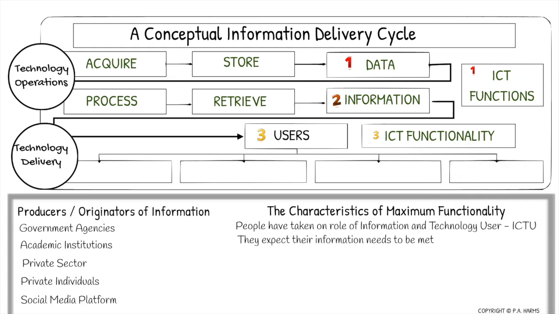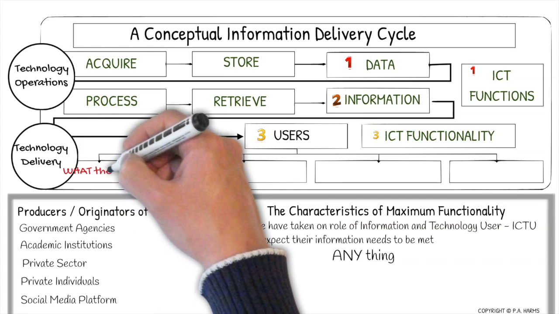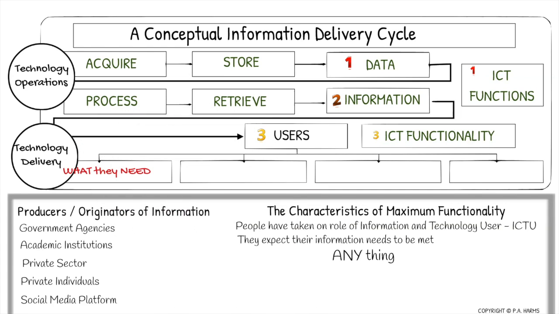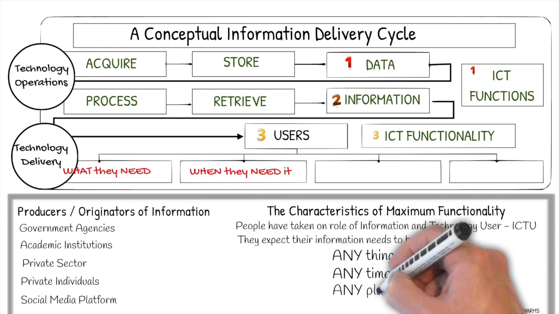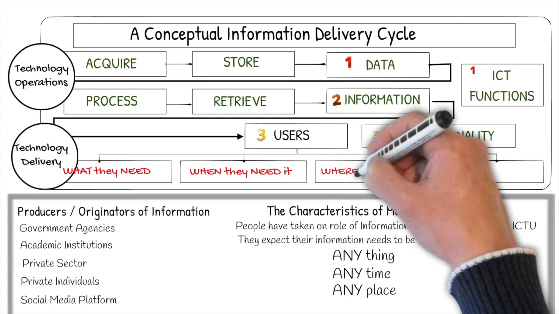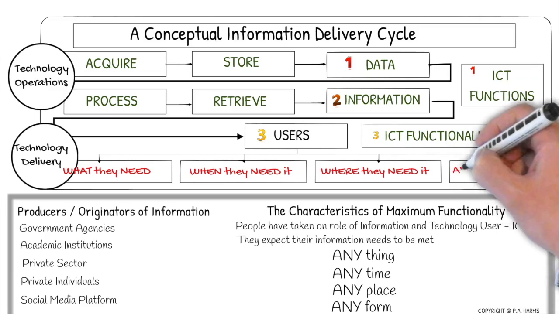Users expect their information needs to be met in terms of anything, what they need, anytime, when they need it, any place, where they need it, and any form as they need it.